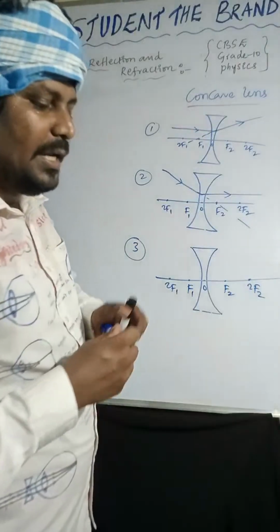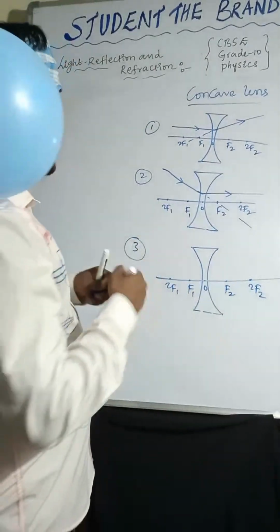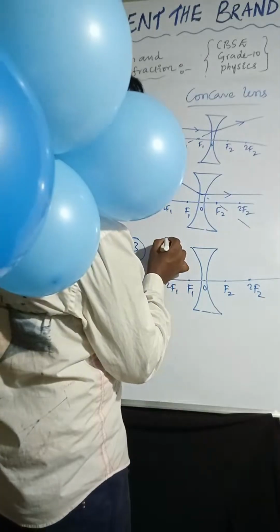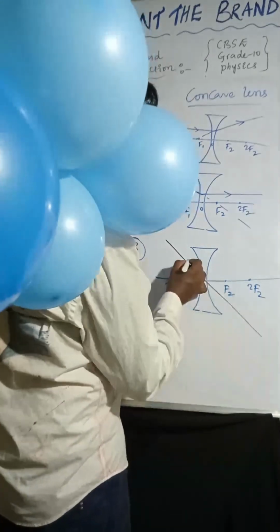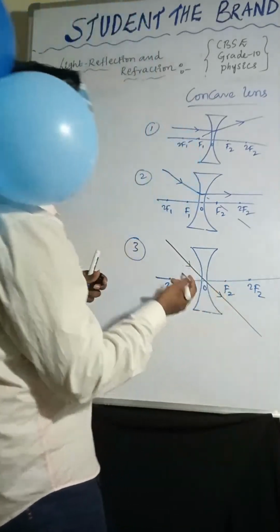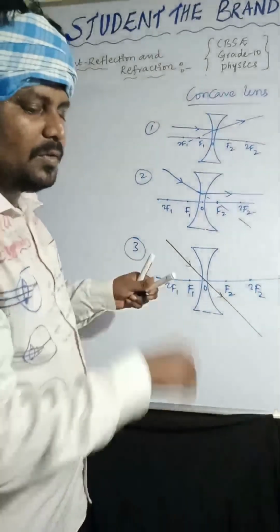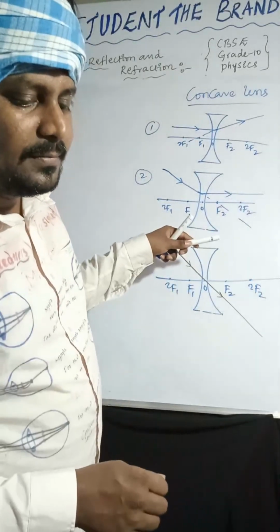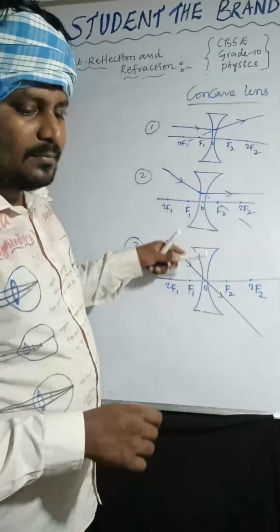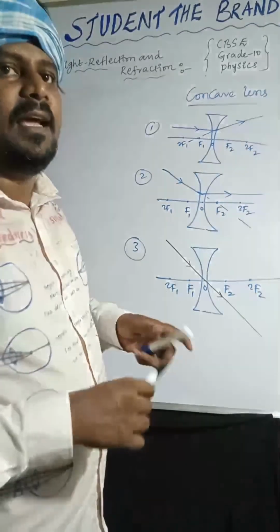Here the light ray is passing through optic center. No deviation takes place. It moves through like that only. I hope it is very clear.